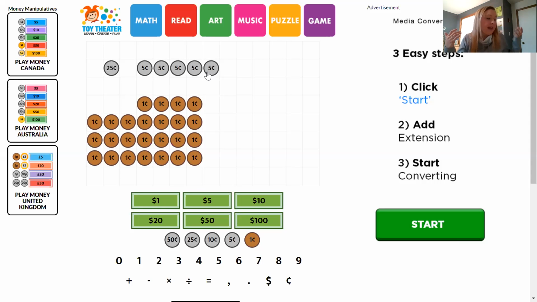Now let's find out if we can take dimes and reach 25 cents. A dime is worth 10 cents. So 10, 20. Now, if we took another dime, it would be 20 plus another 10, and that gives us 30.